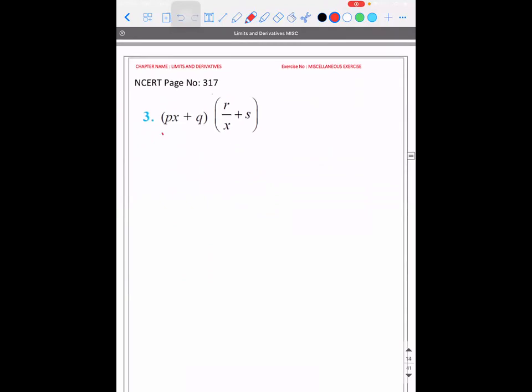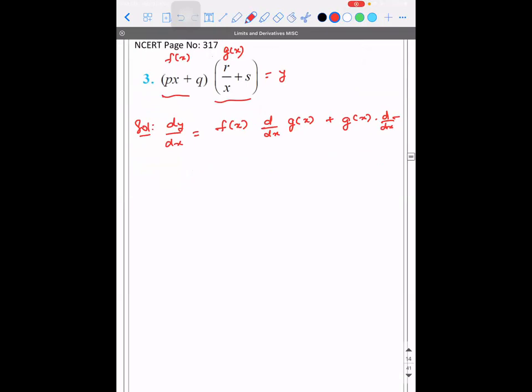Now let's do the third one. So y is equal to f of x into g of x. So dy by dx will be equal to f of x into the derivative of g of x plus g of x into the derivative of f of x.